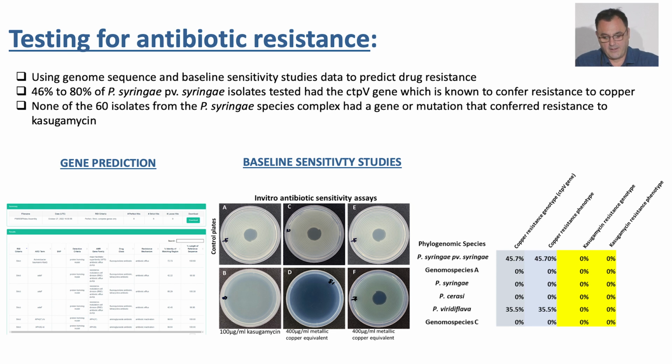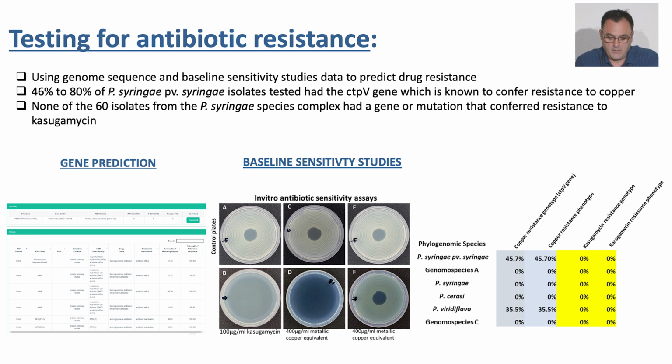On the other hand, we monitored this bacterial population for kasugamycin susceptibility, and we could not detect isolates with tolerance to kasugamycin. These efforts are really important in terms of managing disease in the long run.